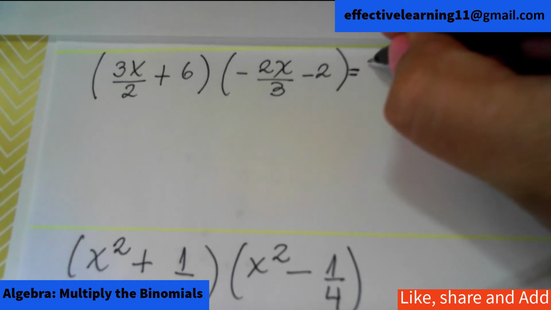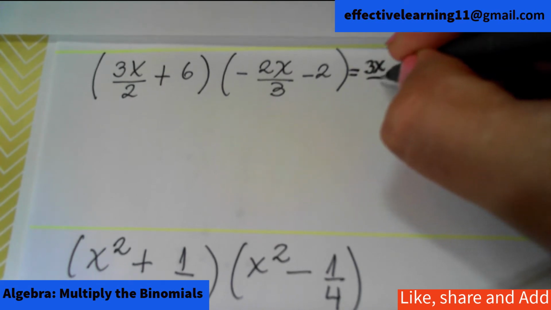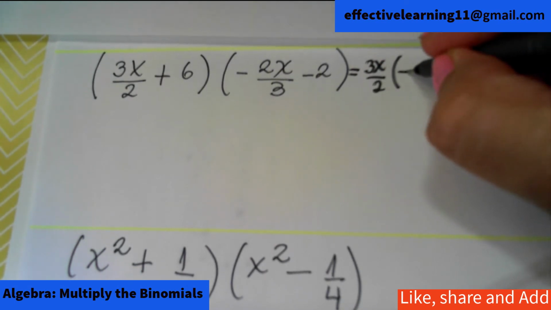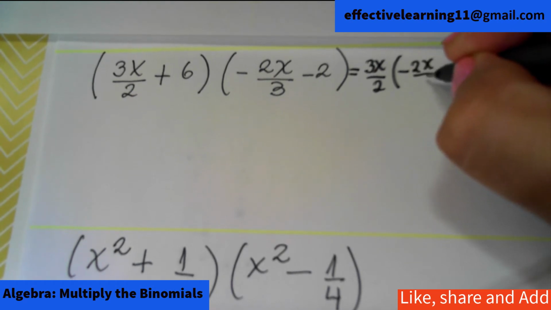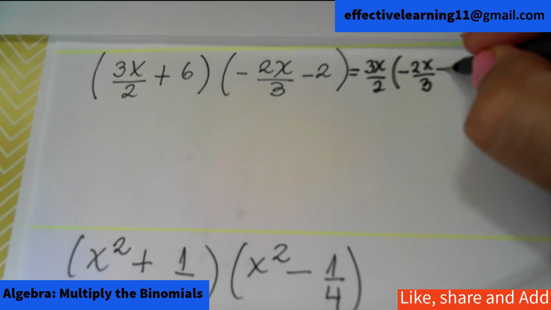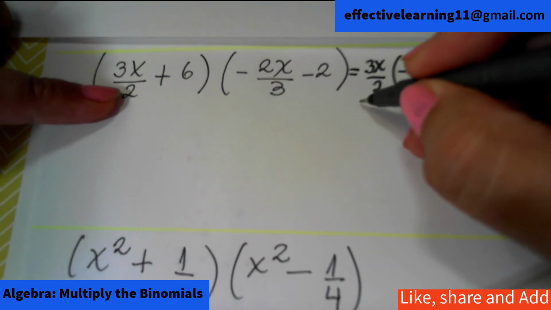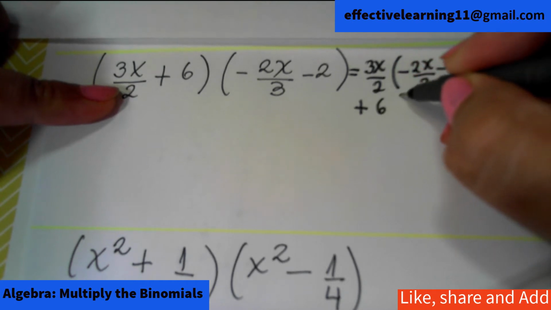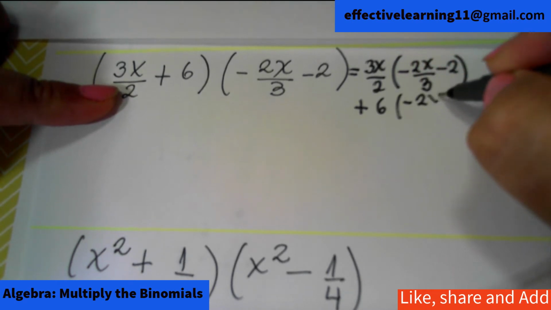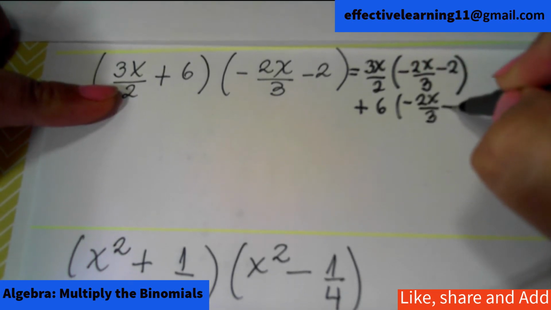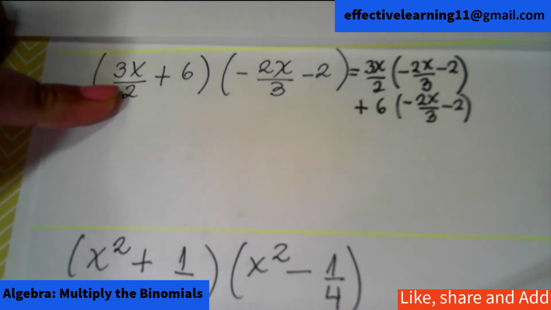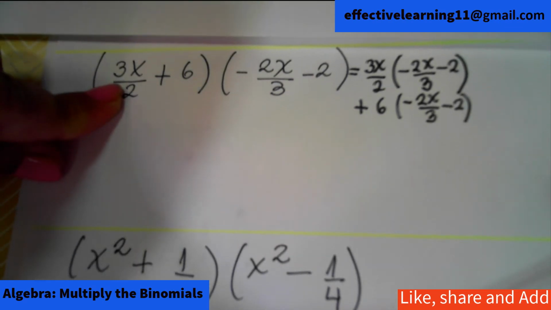The first term is 3x over 2 times negative 2x over 3 minus 2. That's the first. And the second term is plus 6. Again, we have to multiply negative 2x over 3 minus 2. Excuse me.